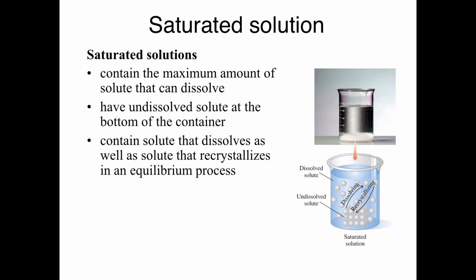Once it cools, the solubility is still 36 grams at that moment, but more is dissolved in it. If more is dissolved than the maximum capacity, we call that a supersaturated solution. Over time, some of the salt exceeding 36 grams will crash out eventually, and we call that recrystallization. So those are the three types of solutions: unsaturated, saturated, and supersaturated.